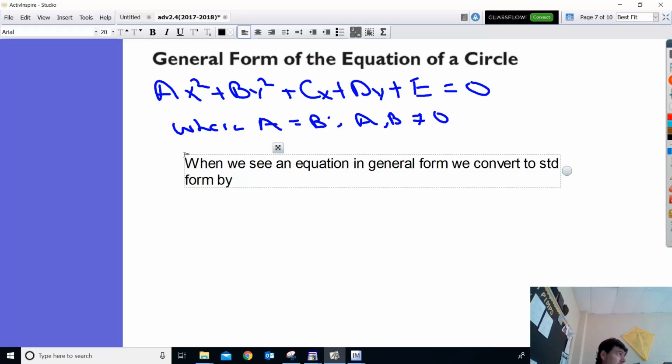Anybody know what technique I've told you is about 6,000 years old? Babylonians are credited with coming up with it. Completing the square. If you know how to complete the square, it's not hard to do. It's really not.